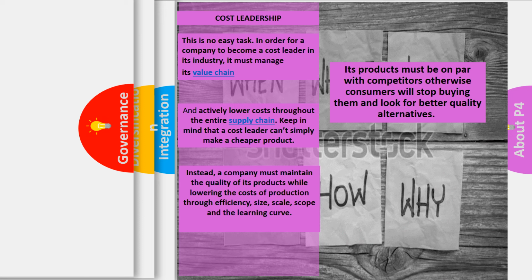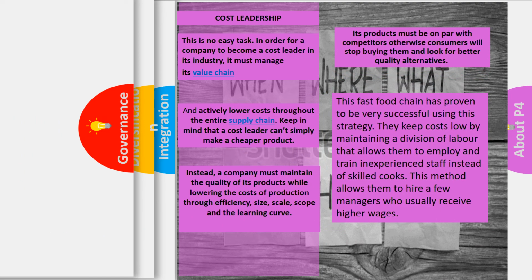So again, cost leadership will be looking for creative and innovative ways to cut down costs within the business, as well as trying to get economies of scale and increase sales, but at the same time trying to be competitive with other companies selling their products, especially as we've seen with Aldi, Lidl and Tesco.